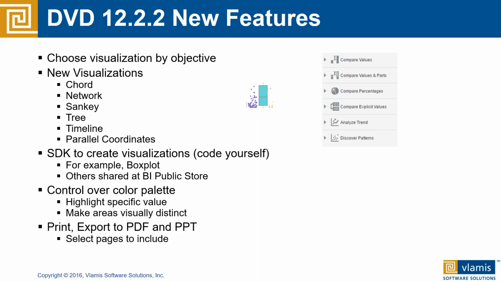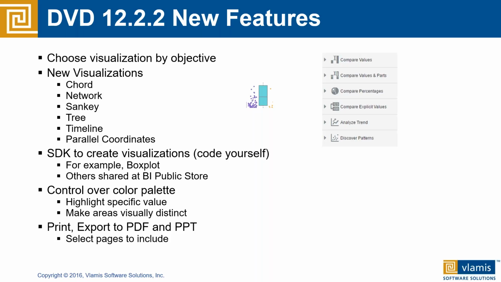Some new visualizations are in there, especially a lot of these focused on a few things that were missing out of the first release of DVD when it came out, and some things that especially data scientists are looking for, checking off the list of things that you can do with this, as well as the ability to create yourself.